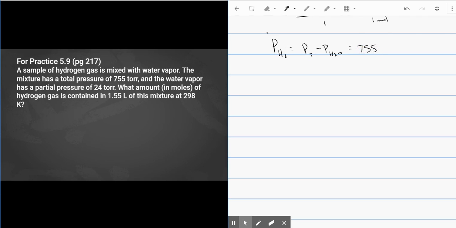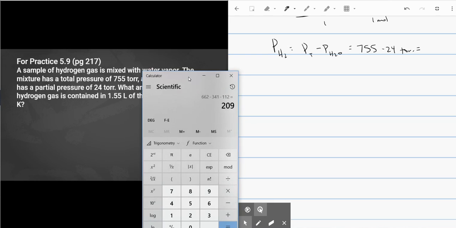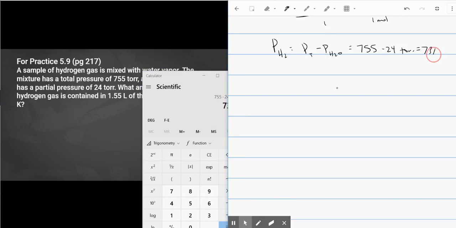And we have 755 torr minus 24 torr equals 731. So that is my partial pressure of hydrogen, and we're going to use the same setup.